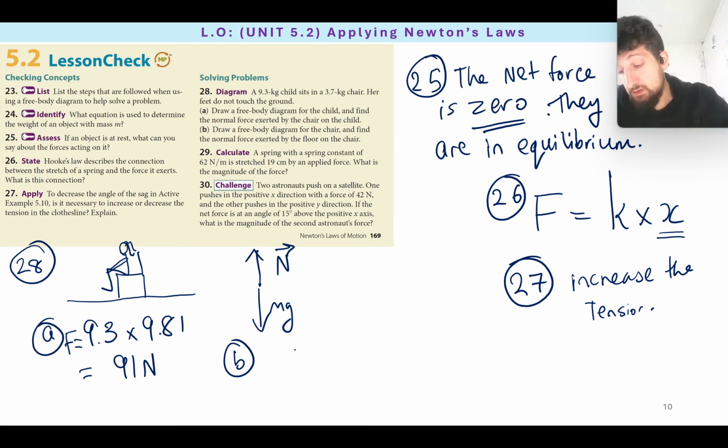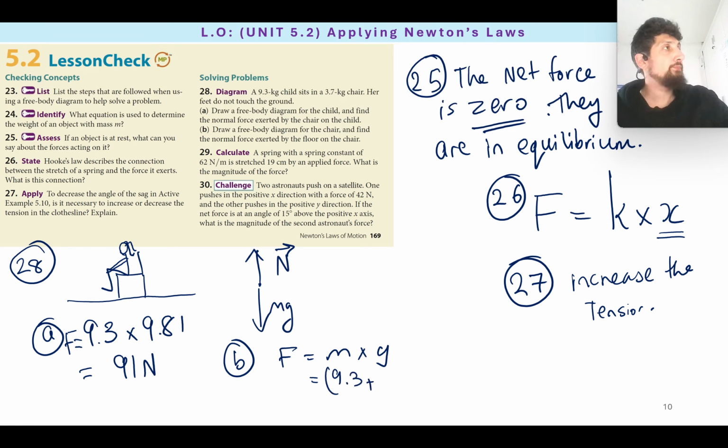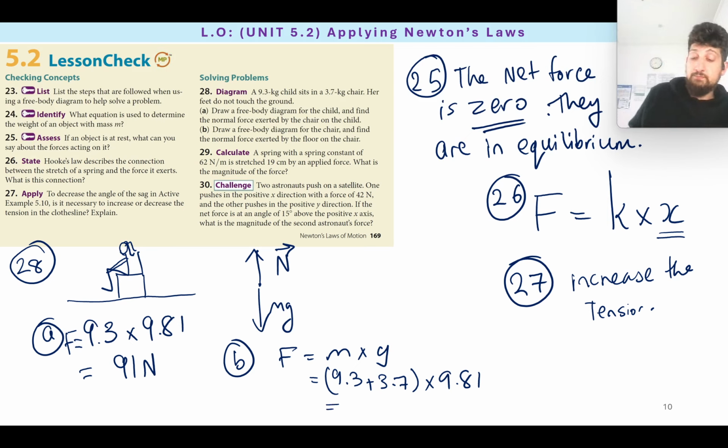So it's still F equals mg, except this time m is 9.3 plus 3.7, multiplied by 9.81, and that is 128 newtons.